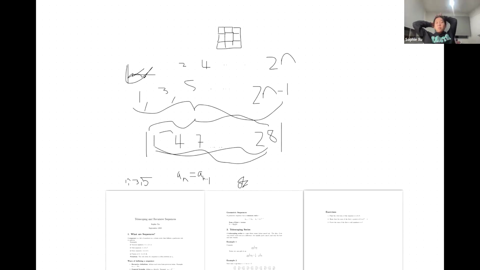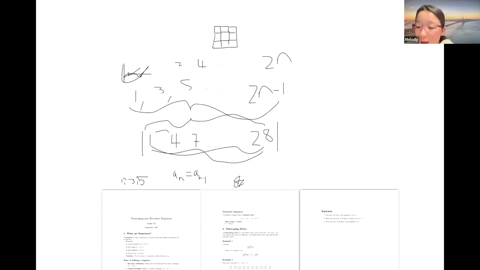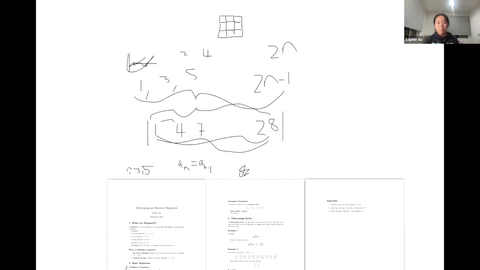Can you say that again, how you did it? The first number is 2, and then the last number is 2n, so you add 2 and 2n together, and then you times that by the number of numbers in the sequence, which is n, and then you divide that whole thing by 2. Which turns into n times n plus 1.